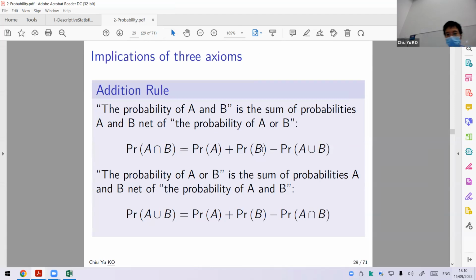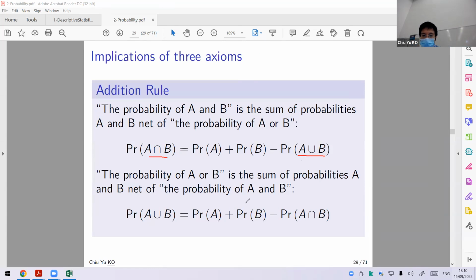The addition rule we want to talk about today tells you how union and intersection are related. In set theory, sometimes people call it the inclusion-exclusion principle, but in probability it is called the addition rule.